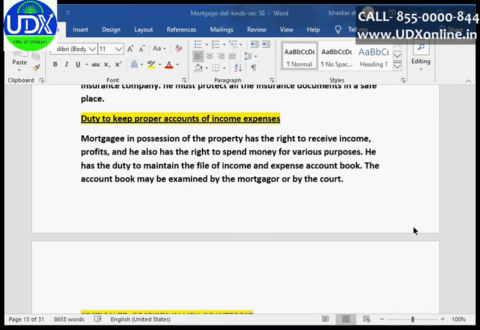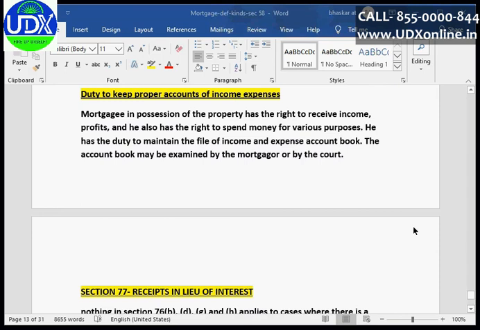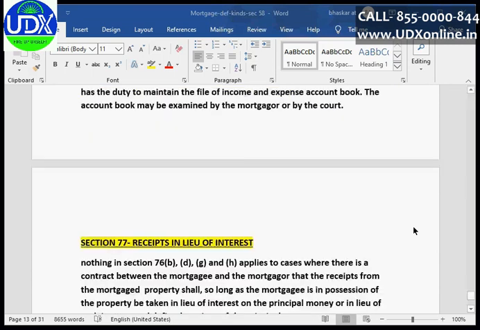You have the property in your possession. You are spending money on the property. So, Mr. Mortgagee, maintain proper, lawful accounts of all the income received and all the lawful expenses that you have made. Keep all the accounts properly so that they may be inspected by the mortgager or by the courts or by any authorities.